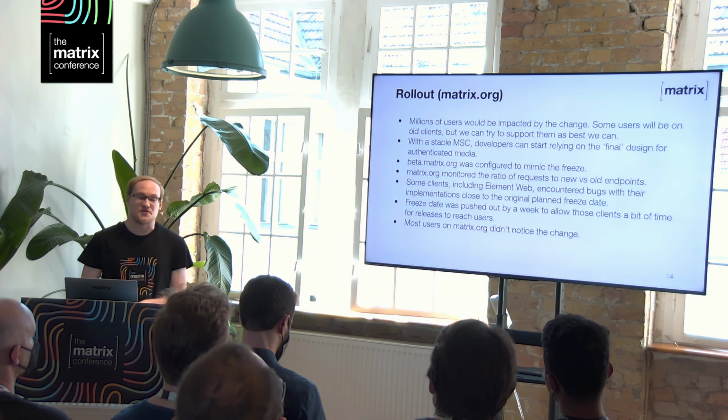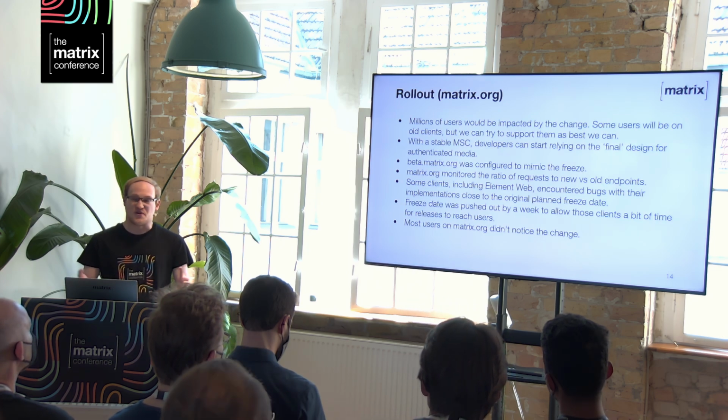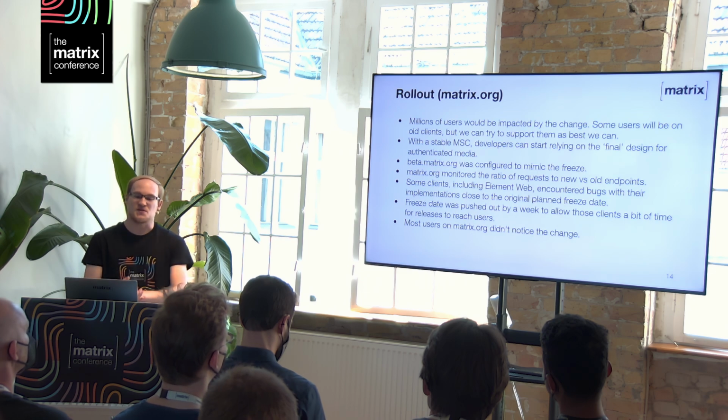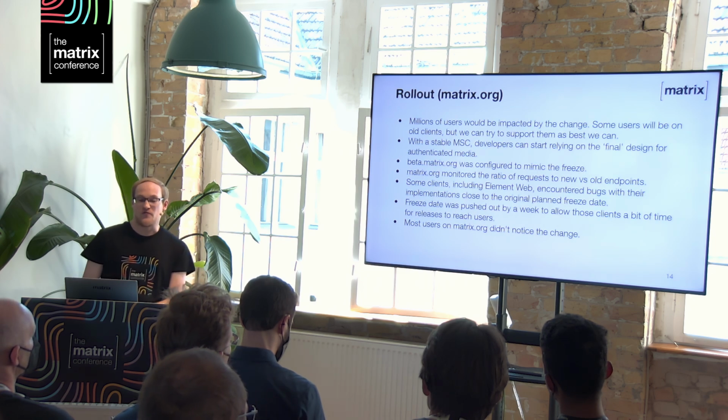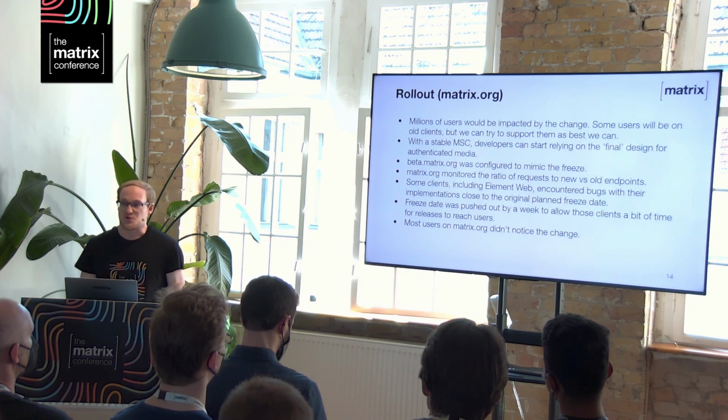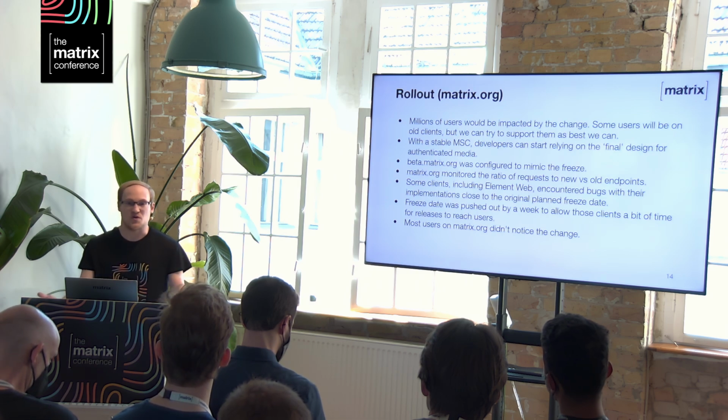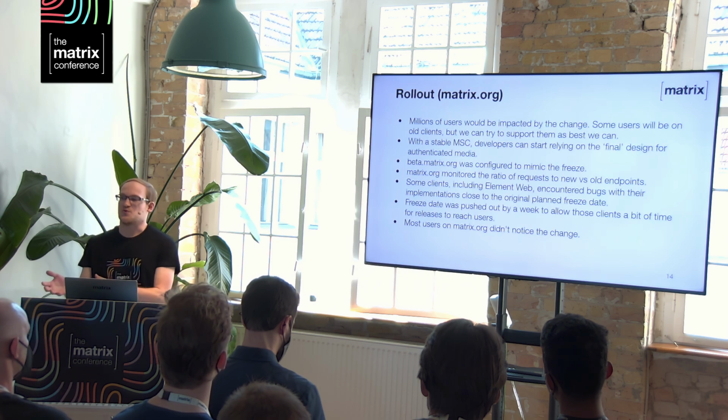And so we set up beta.matrix.org to mimic the freeze well in advance of matrix.org itself. So developers and users could use that server to see what the impact was on them and make whatever changes they needed, so that way their users weren't as affected.